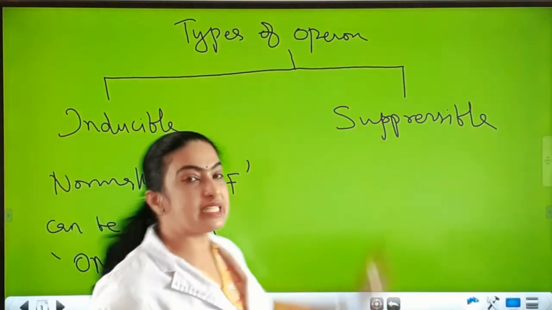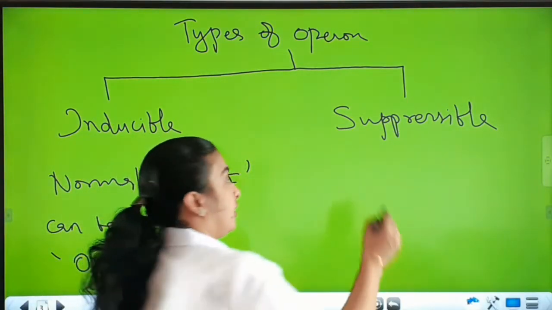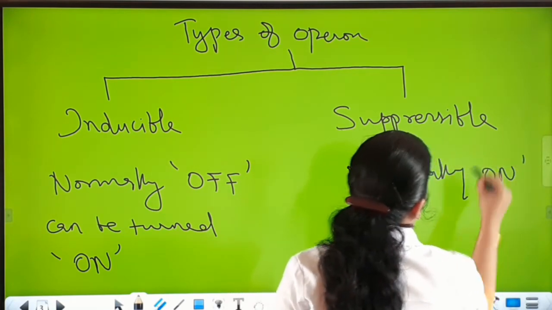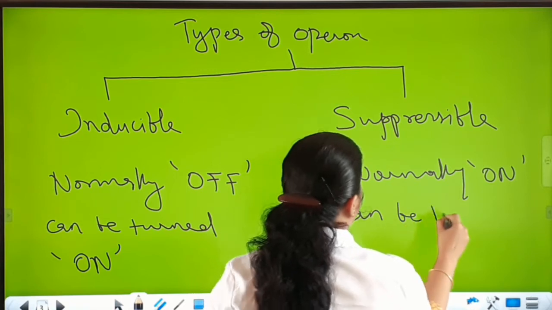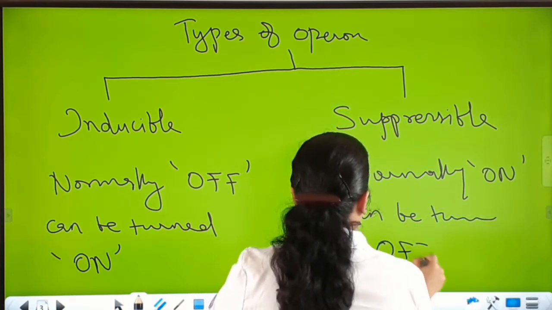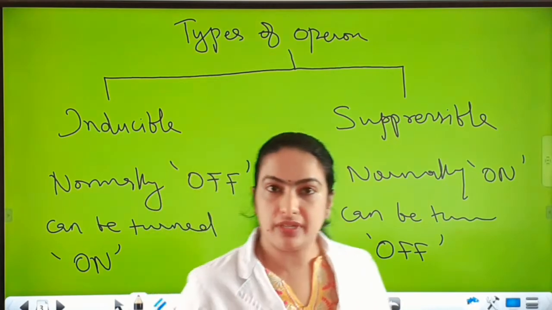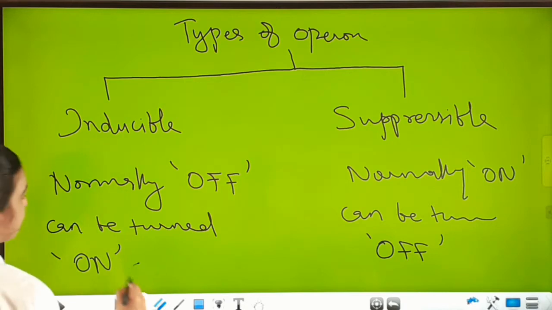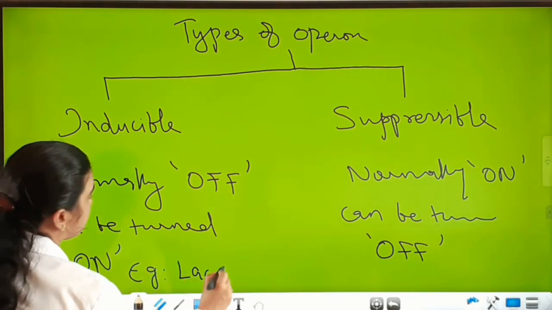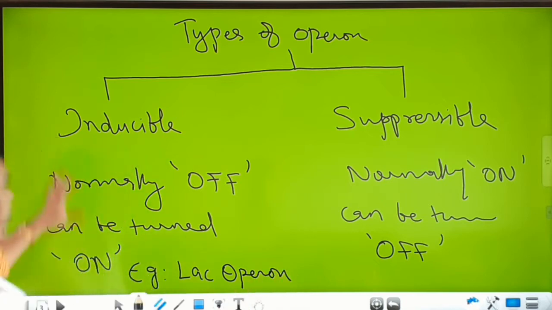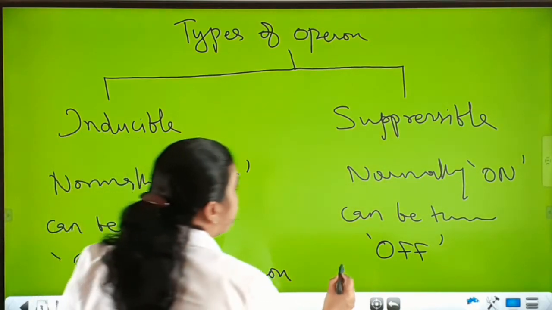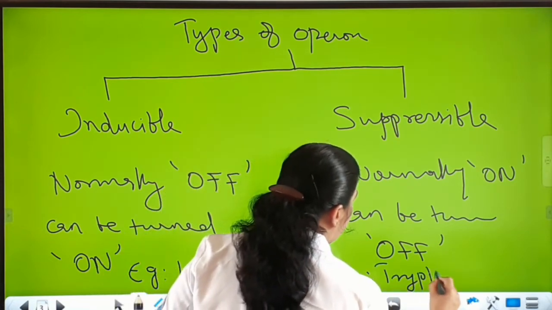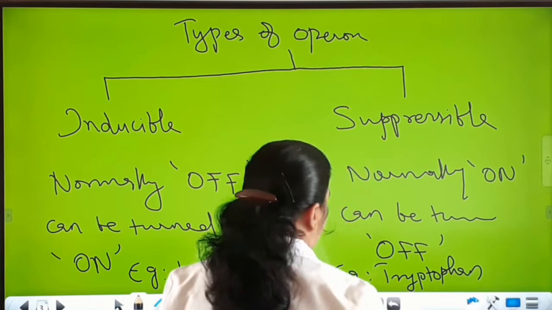But the suppressible operon is normally in on mode and can be turned off. In the inducible operon, an example is the Lac operon. The Lac operon is an example of an inducible operon, and for the suppressible operon, the example is the tryptophan operon.